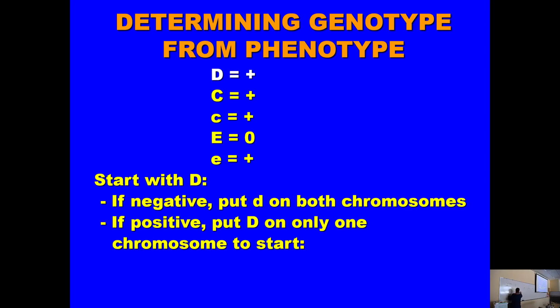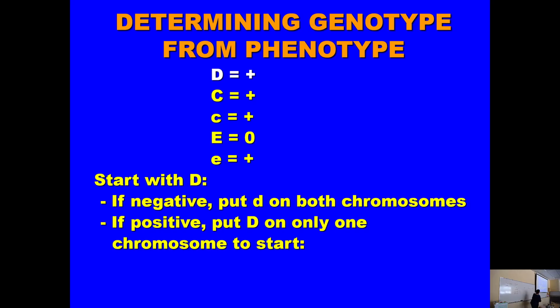Because when you're typing, is that really a little c or did your handwriting get slow? So you always put a line over a little c to show me it's a little c. So in this case, our D was positive, C was positive. If we look this way, little c was positive, big E was negative, little e was positive.